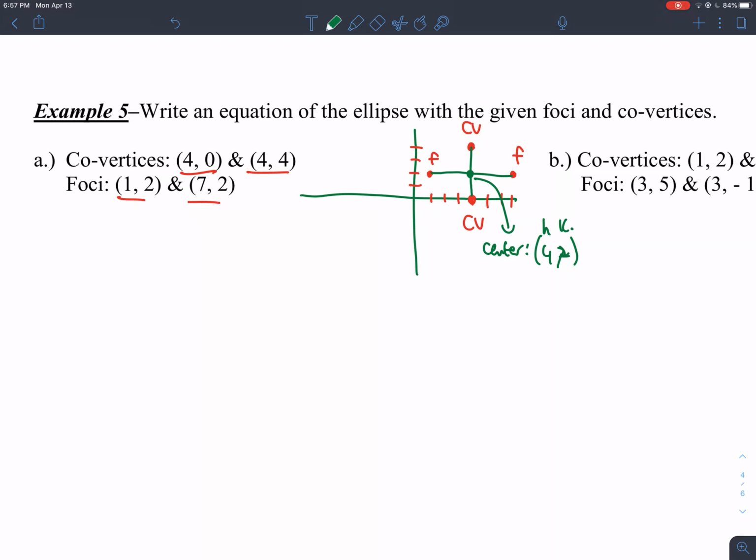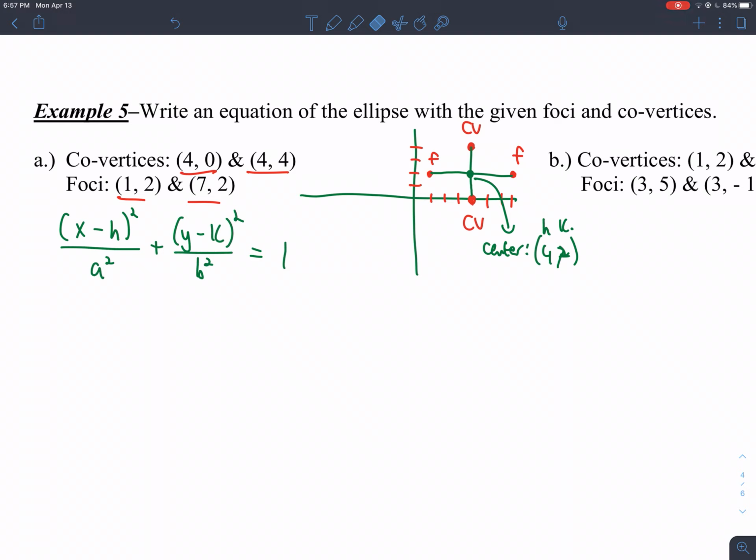If the foci are in the x direction, then the major axis goes along here, so that means it's a horizontal ellipse. That means the bigger number must be underneath x in the formula. So the formula must look like this: x minus h squared over a squared. Remember, for an ellipse, a is always the bigger number. Plus y minus k squared over b squared equals 1. That's the formula for an ellipse.